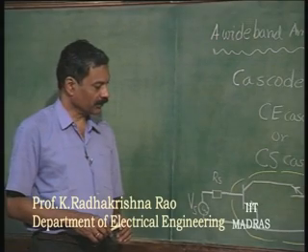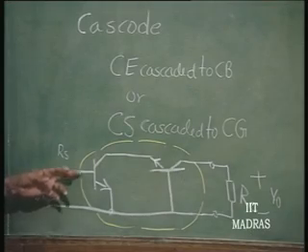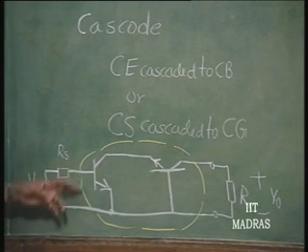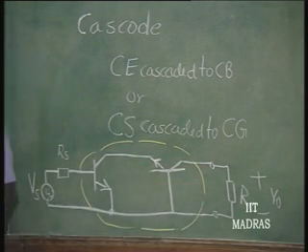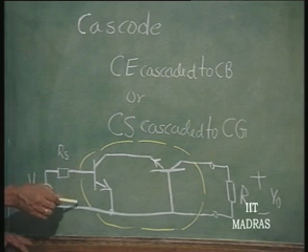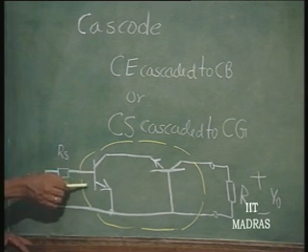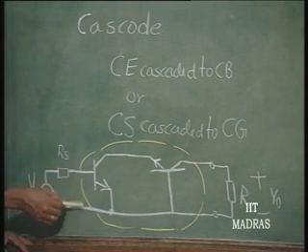How do the time constants occur? The real part of the impedance and capacitance cause time constants at their respective terminals. So, in a cascade structure, this is the input time constant caused by the source resistance, input resistance and input capacitance.